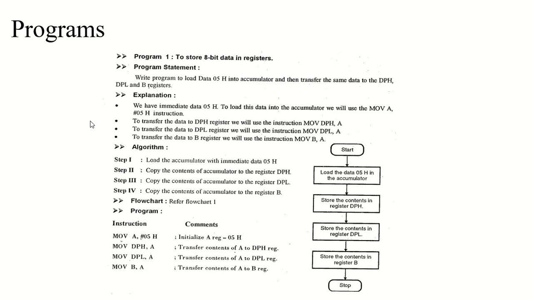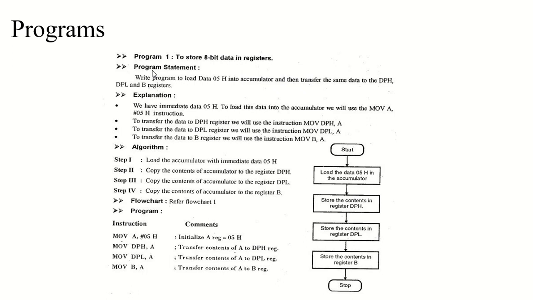And now we want to transfer the data of the accumulator into register B also. So to transfer the data of the accumulator to register B, we will again use the instruction move, as the same instruction is getting executed.